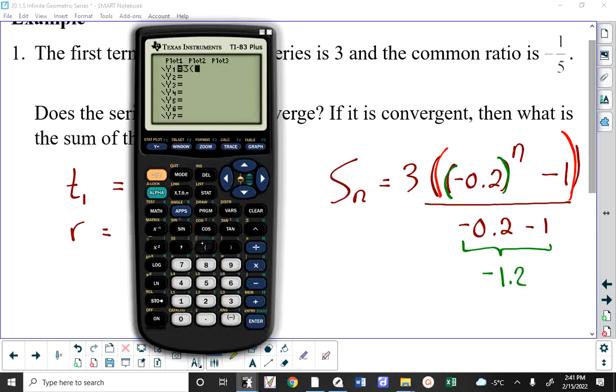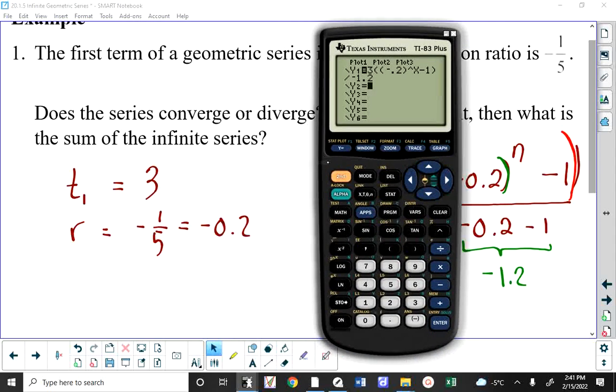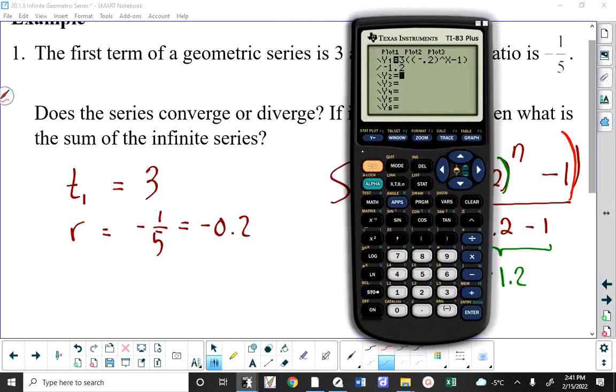So it's 3, brackets, another set of brackets, -0.2, close brackets on the negative 0.2, raised to the x, then subtract 1 and close brackets on the entire numerator, or the part other than the 3, divided by negative 1.2.